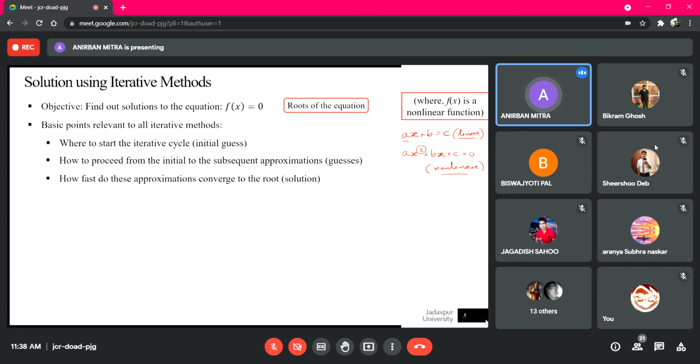So that means that there is a rate of convergence. Some of the numerical methods would converge to a solution very quickly, but others can be quite slow. They will approach the solution definitely, but in a very slow manner. It takes more number of iterations to reach the actual solution or reach the vicinity of the actual solution.